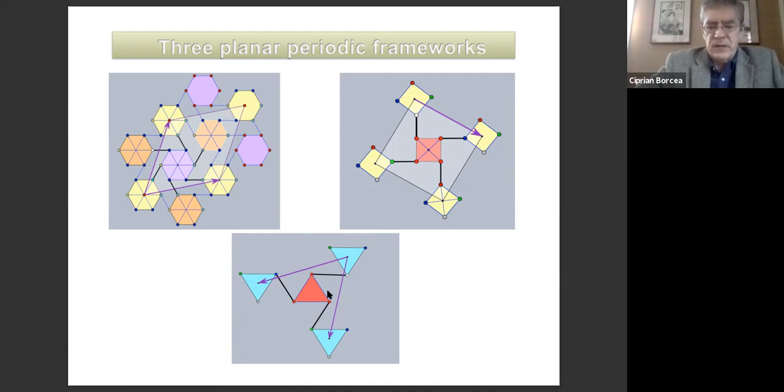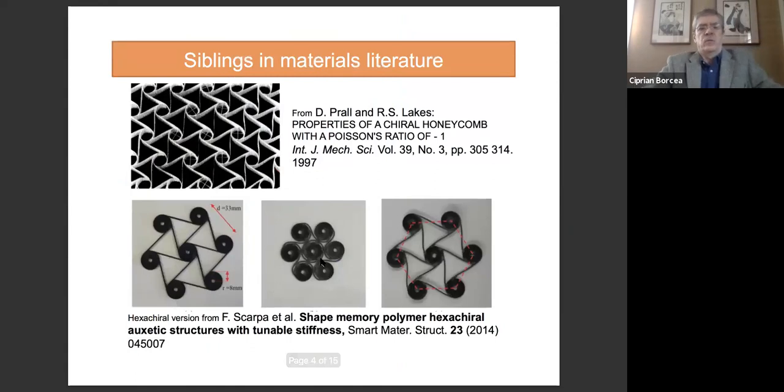All right, so these are the players. Why? Well, if we look in the materials literature, these framework structures have been considered for quite some time.